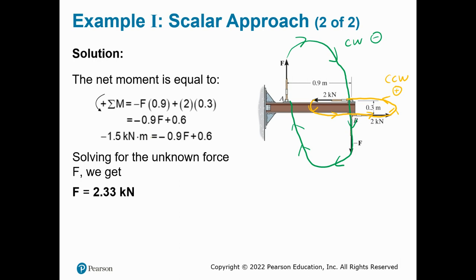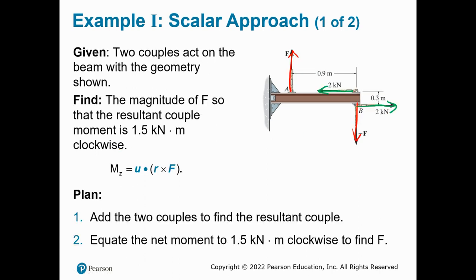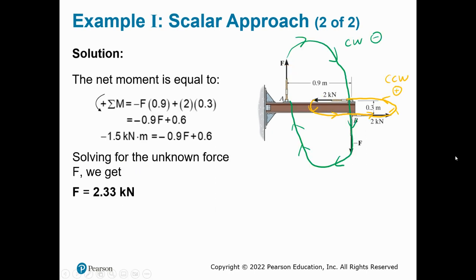So putting that together, negative F times 0.9 and then 2 times 0.3 positive. Together, they're supposed to generate a 1.5 kilonewton meter moment, and it says clockwise, meaning this 1.5 kilonewton meter needs to be a negative value. That's where that negative comes from. We have one equation and one unknown. Solving for F gives us 2.33 kilonewton.